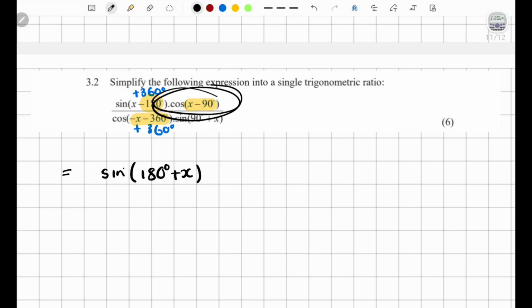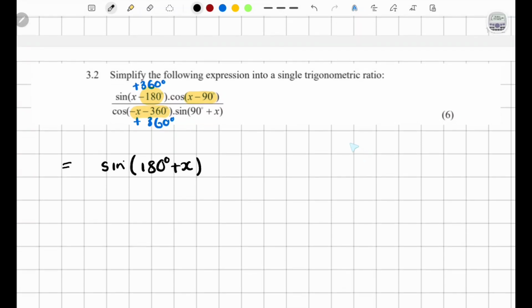This one has shown up in, I think, the two previous papers that I just did. That question, be very careful. I know that many grade 12s have a tendency to say, okay, I'm just going to take out a common factor of negative 1 and put it here. You need to be careful. This works for every other cofunction, like it works for the sine of x minus 90 degrees.